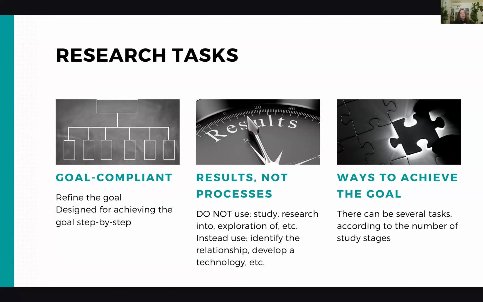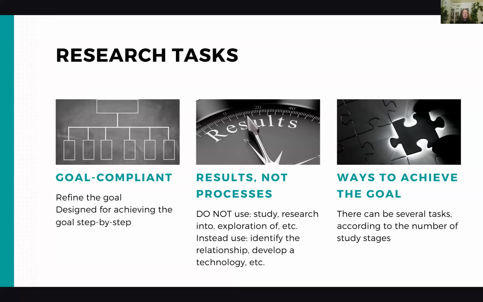For example, first you need to research some studies and see what other researchers have done about it. Maybe they've already solved the problem and you don't need to study anything. Next, you will need to, for example, create samples. That would be your second task. The third task would be to, for example, optimize your technological process.